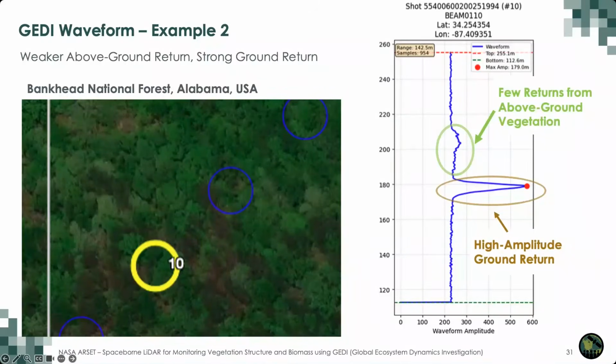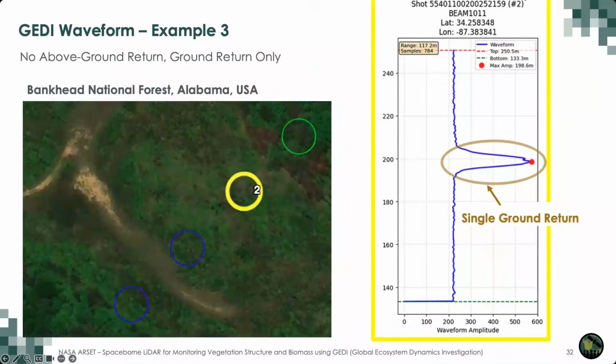Meanwhile, the GEDI shot here is from 2019. So there may have been some tree recovery and/or regrowth captured in the optical satellite image that is not shown and represented by the time slice that the GEDI observation reflects.